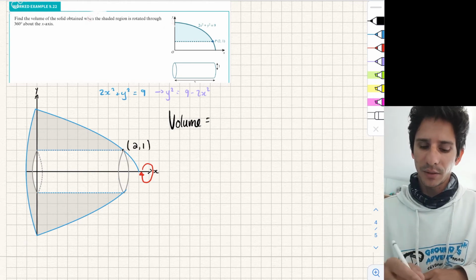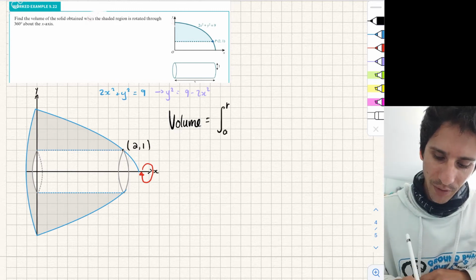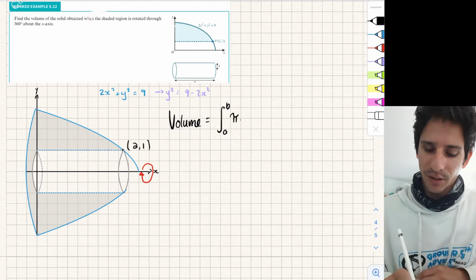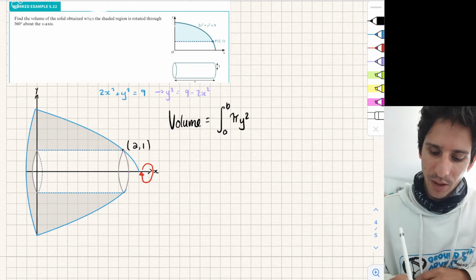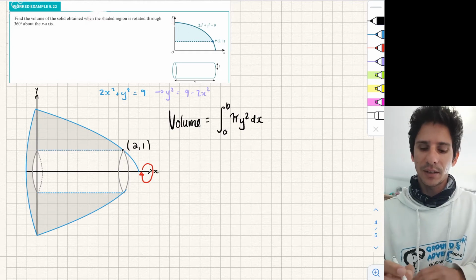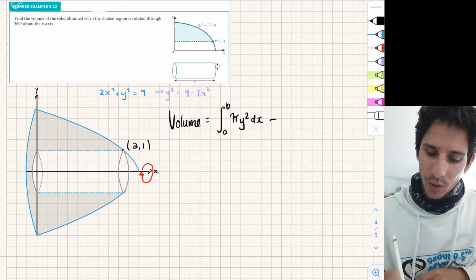We're rotating around the x-axis, so this is going to be the integral from a to b of pi y squared dx, where y gives me my radius. That is the volume from the x-axis all the way underneath the curve. But we don't want the whole volume.